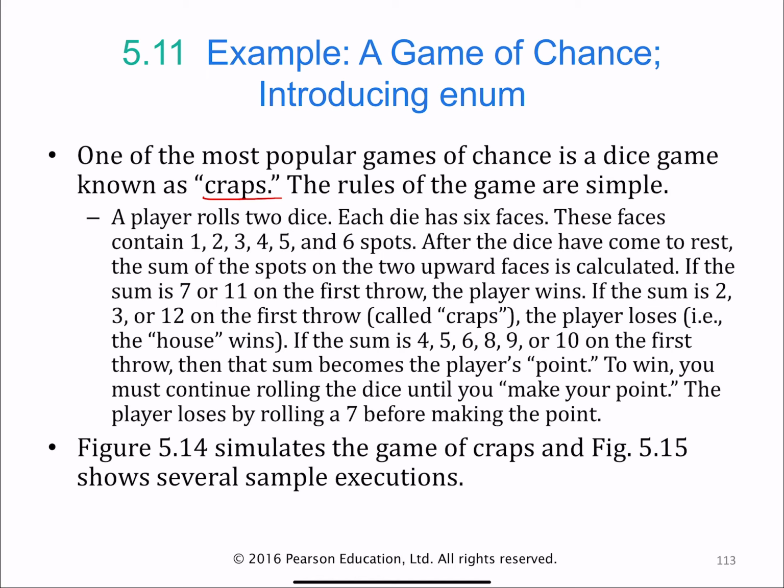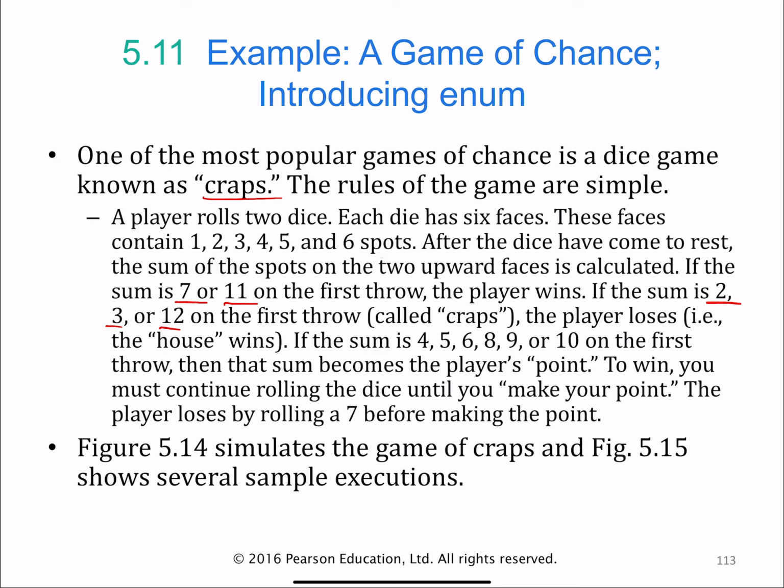You have two dice. You roll them together, and on the first roll, if you get a 7 or an 11, you win. And that's the end of the game. If, however, the sum of the dots you get is 2, 3, or 12, you lose immediately, and the game is also over.